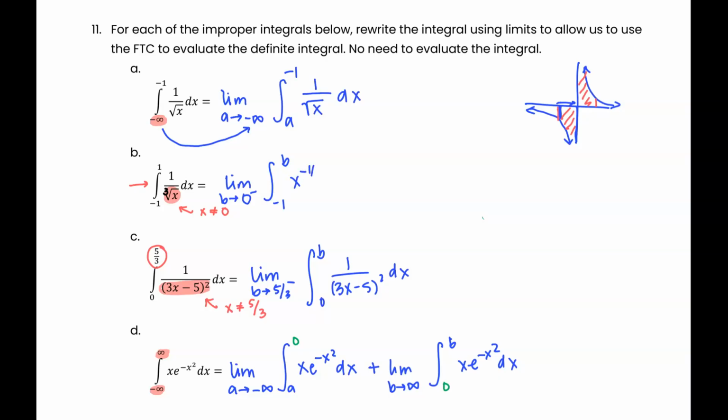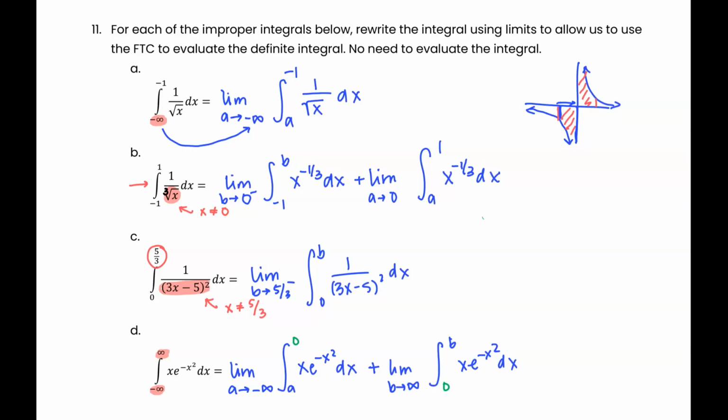I'm going to rewrite this. And then we need to add another integral. This time we're going to start at A and go up to 1, of x to the -1/3 dx.